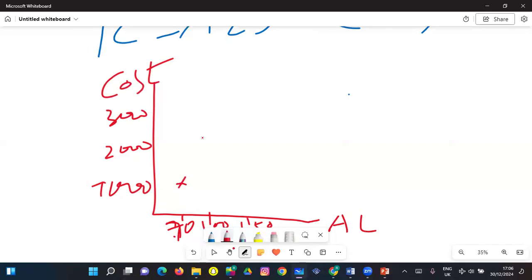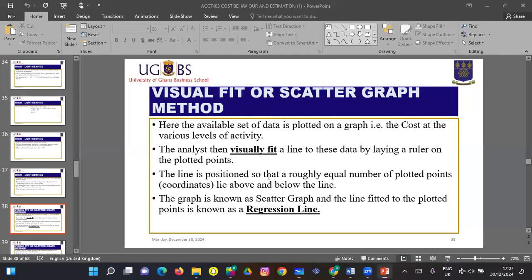The second one is also 180, 100, and then let's say 3,000, right? Then let's say the last one is for this and then this. They plot everything, then draw a line of best fit, a line that fits everything in the relevant range, right? And they use it to calculate the cost. That's what it is saying here.